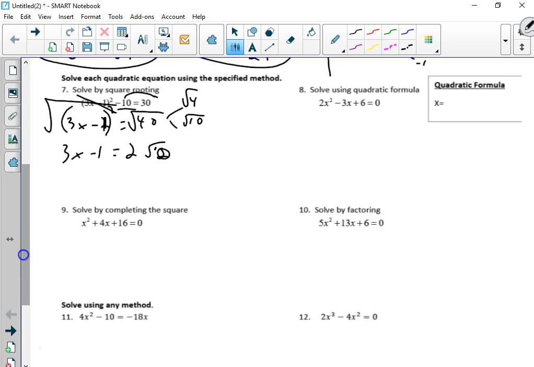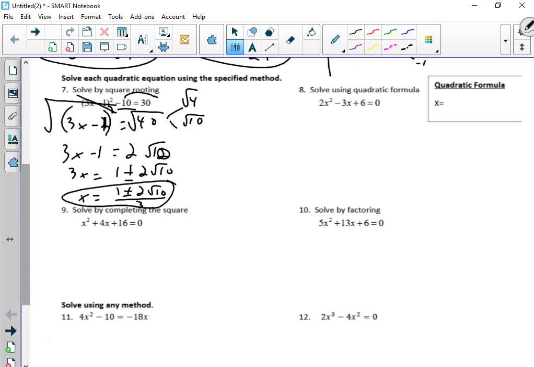Not 20. Now, I'm going to move the 1 over. 3x equals 1 plus or minus, don't forget the plus or minus, 2 root 10. Divide both sides by 3, and I get 1 plus or minus 2 root 10 all over 3. And that's my answer.